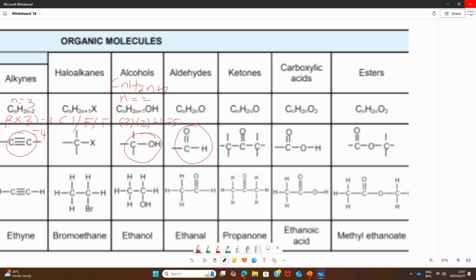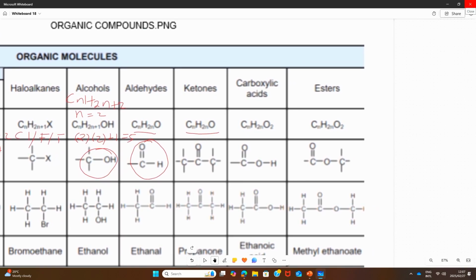We've got ketones. Now, it's interesting that you will see that ketones and aldehydes have the same general formula. If we're looking at this general formula as well as this general formula, it's exactly the same, CnH2nO for ketones as well as aldehydes. However, in our ketones, our functional group is not on a terminal carbon.